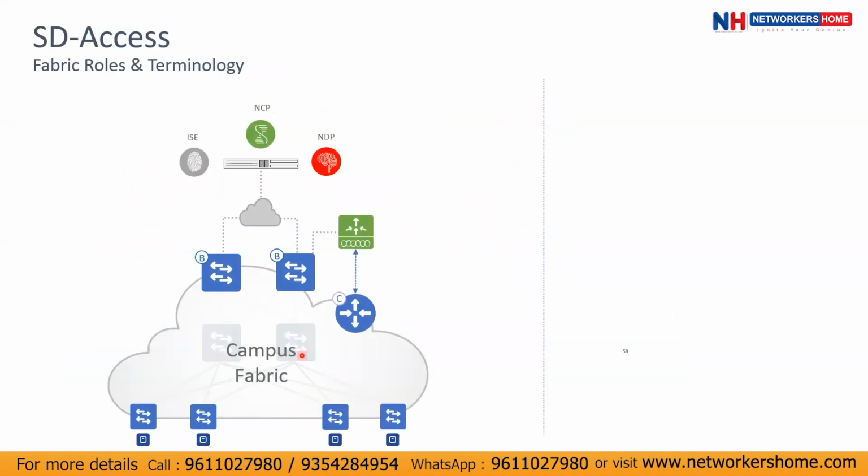So this is the campus fabric and we discussed this thing. I told you earlier, right? In my earlier slide, we have NCP and NDP. Remember? NCP is the network control platform. NDP is your network data platform. The data platform falls under assurance. All the assurance related things come here, NDP, and all the automation related things fall here, NCP.